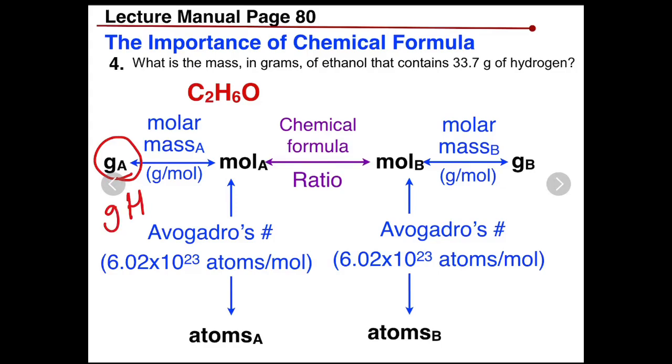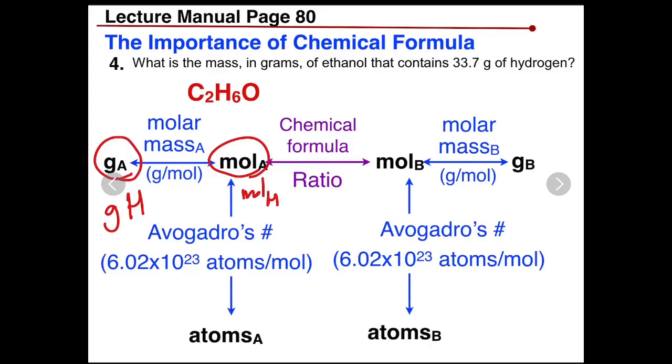The first step would be to convert grams to mole. It always has to go through mole. So in this case, what you need to know is the molar mass of hydrogen, which we find through the periodic table. Once you know the molar mass, you should be able to find the moles of hydrogen.